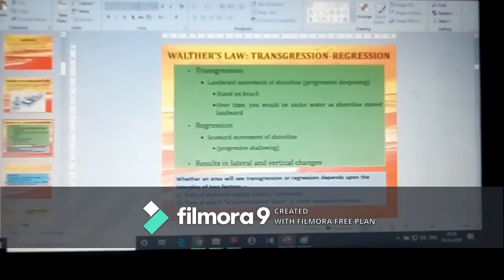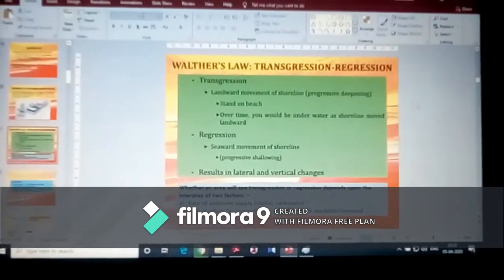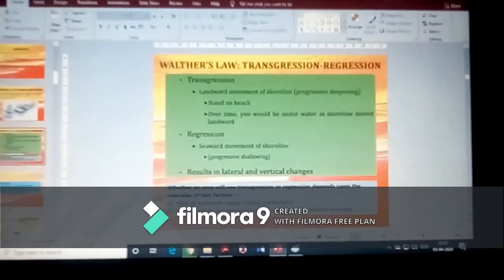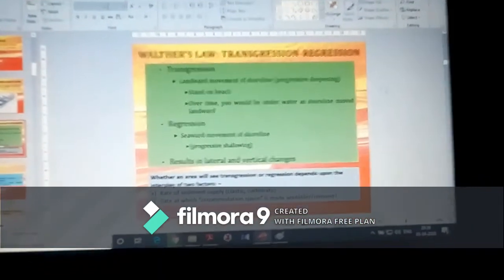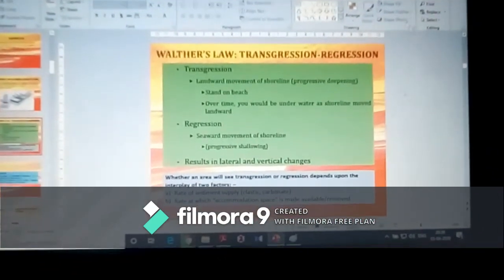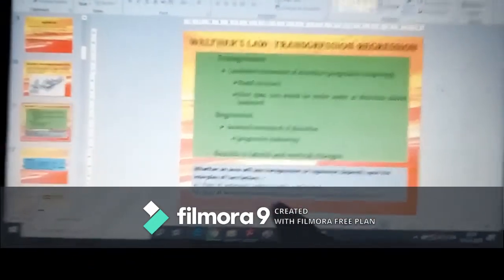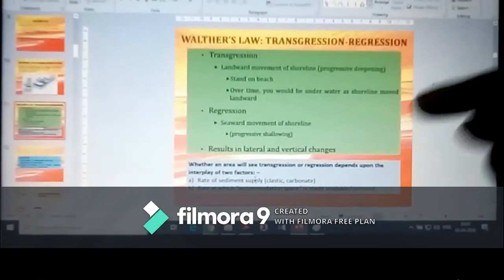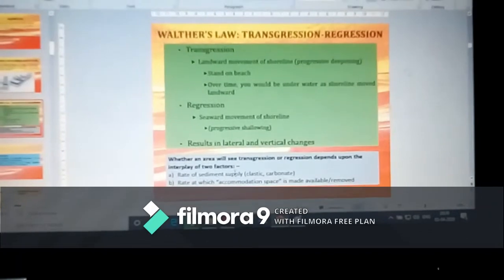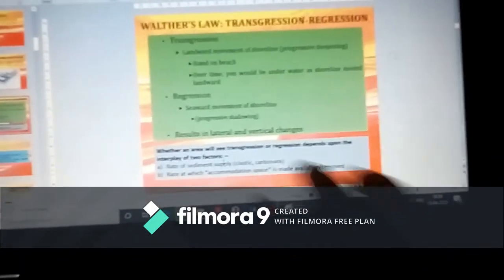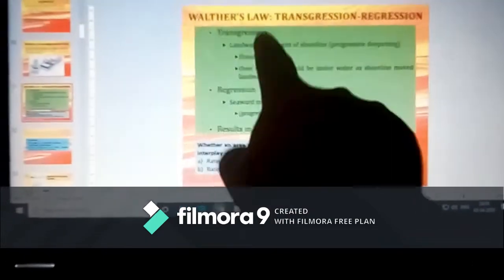In that case supply is high, accommodation space is not sufficient. So what happens? The cold drinks bottle is simply flooded. That means transgression will occur.